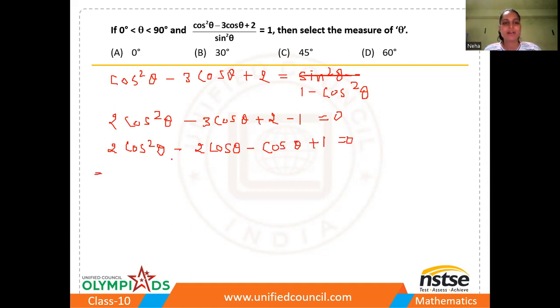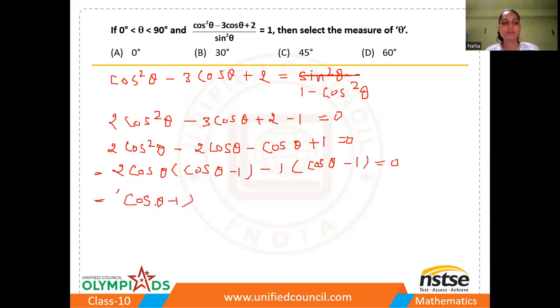Alright, now from the first two terms, I can take 2 cos theta as common. It becomes cos theta minus 1. Minus 1, this becomes cos theta minus 1 is equal to 0. Now from the complete expression, I can take cos theta minus 1 as common and it becomes 2 cos theta minus 1 is equal to 0.